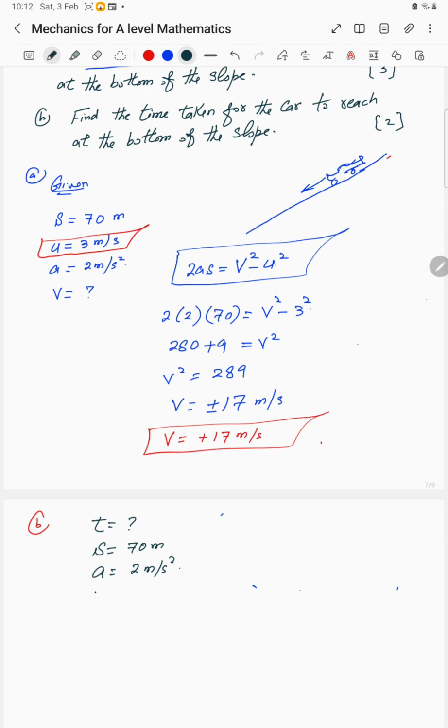Initially it was coming down with a speed of 3 meters per second. So here we can apply another equation of Newton's motion, that is s is equal to ut plus half at square.